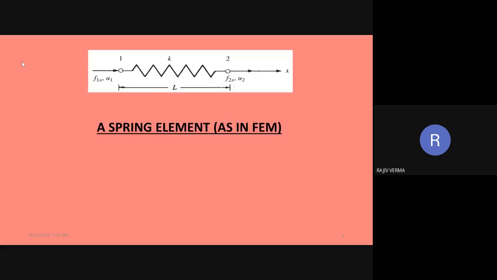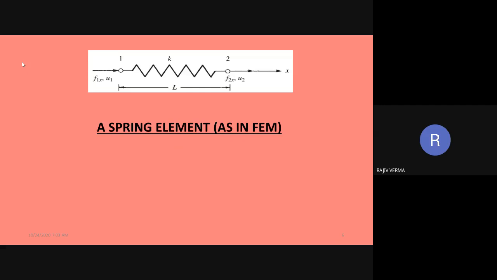So in the finite element method, the representation of the spring element is on display. It has two nodes located at its two ends. The left node is node number one, the node at the right happens to be node number two, and the x-axis is always going to be from node number one to node number two.